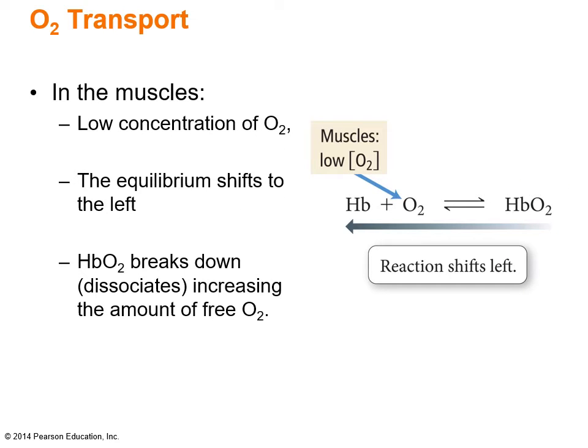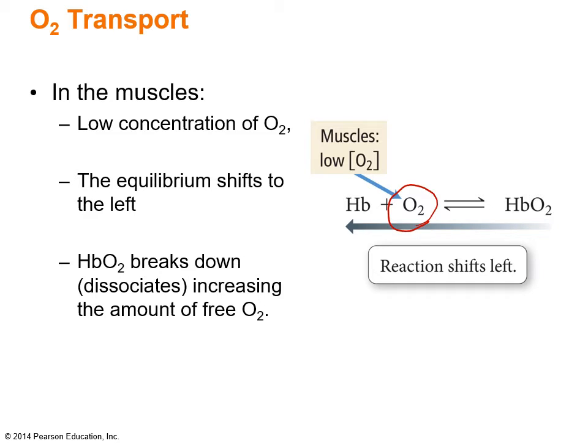As the hemoglobin travels throughout our body into the muscles, there is a low concentration of oxygen in the muscles as the muscle cells use the oxygen up. Because there's a low concentration, that means that our equilibrium is going to shift to the left towards the reactants.